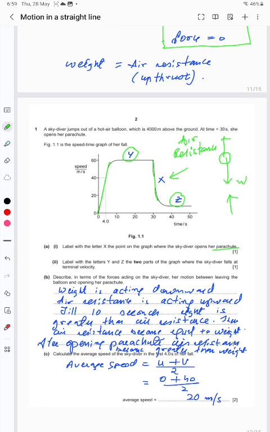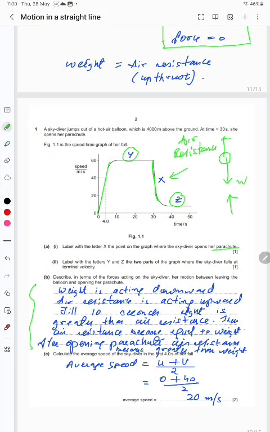So after opening the parachute, over here you can see this sudden decrease in speed because air resistance increases and becomes greater than the weight. So there is a sudden decrease in speed. The same thing is written here.